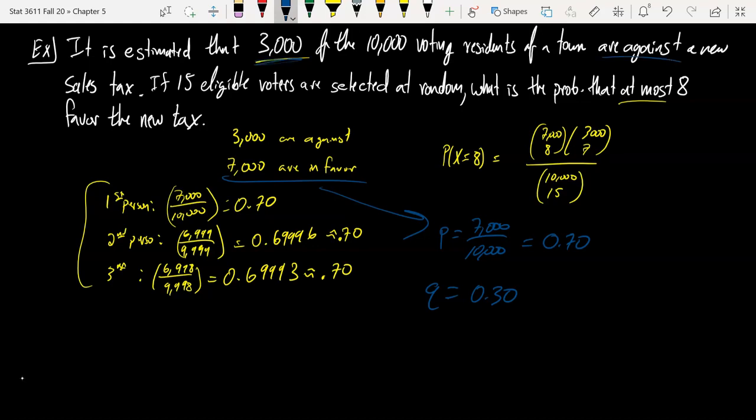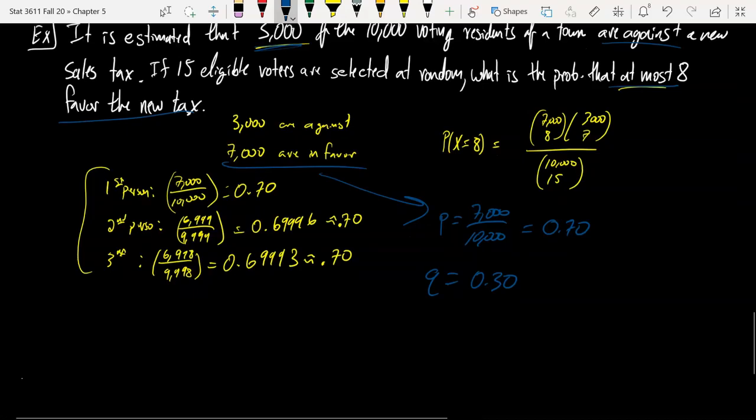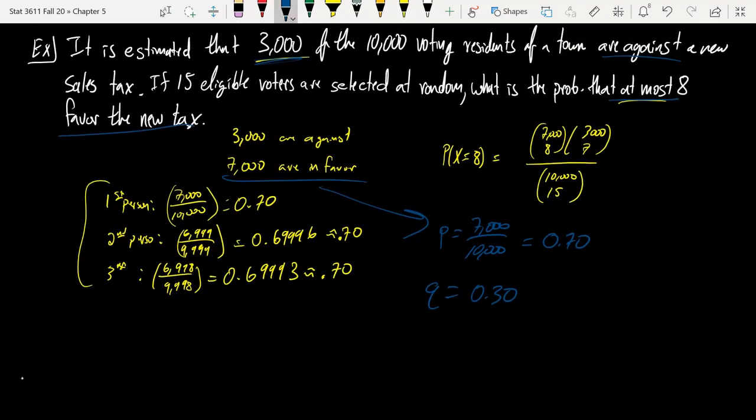That means 7,000 people are in favor, and we are concerned with the probability that we get at most 8 people in favor of the new tax. So if X is counting the number of people that are in favor, we want the probability that X is at most 8, that's less than or equal to 8.